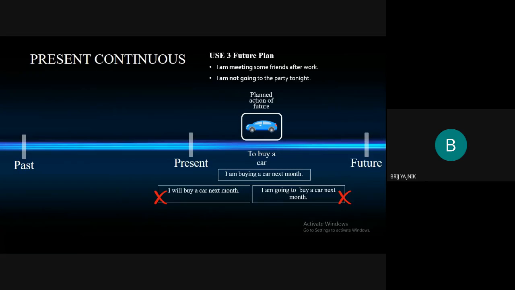Only three? Perfect. All right. Let's look at one last way of using present continuous.